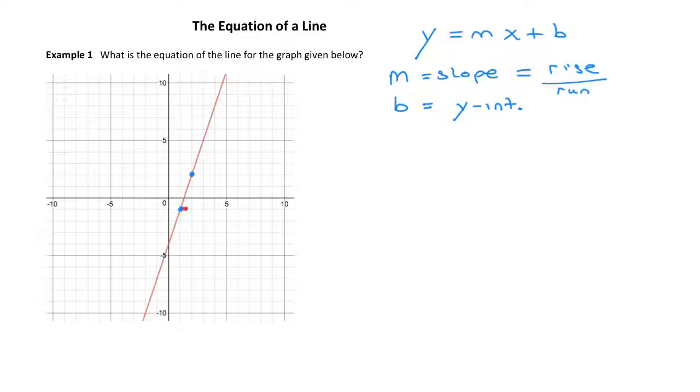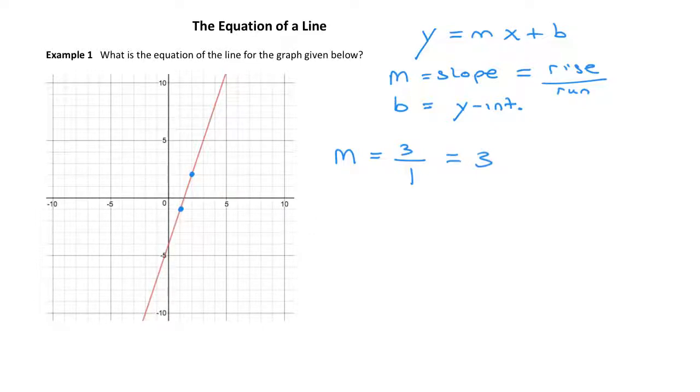This is over 1 and up 1, 2, 3. I can see directly from this graph that the slope is 3 over 1. Or if you would like, just put 3. So that is saying I go over 1 and up 3. You could have used a lot of different points to figure this out.